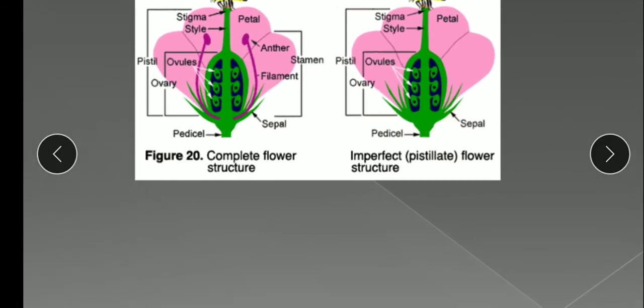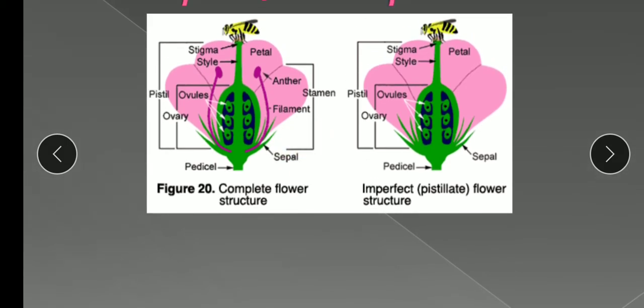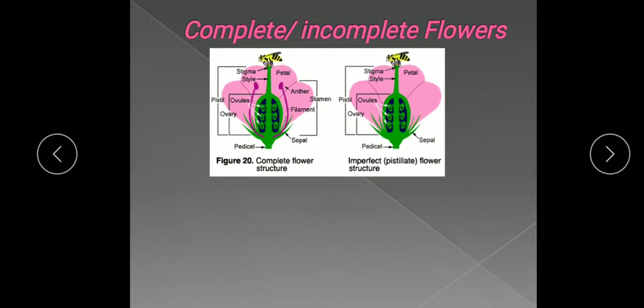So you will get one more term for this, perfect. So complete, perfect, or bisexual flower. These flowers have androecium and gynoecium. Here you see stamens and pistil. Stamen means androecium, pistil, gynoecium. So both the essential whorls are present, then this is a complete flower.